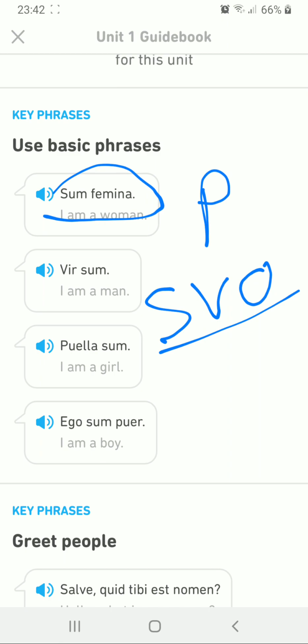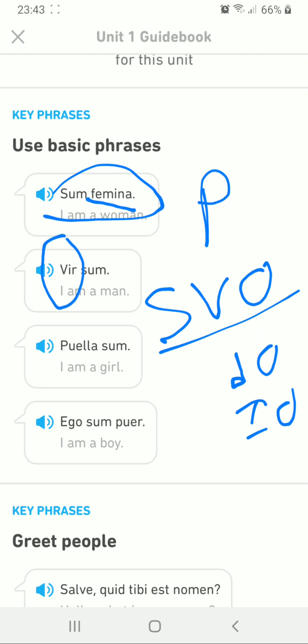There is only the verb and the object. We see vir sum, also, where the object can come before the verb.